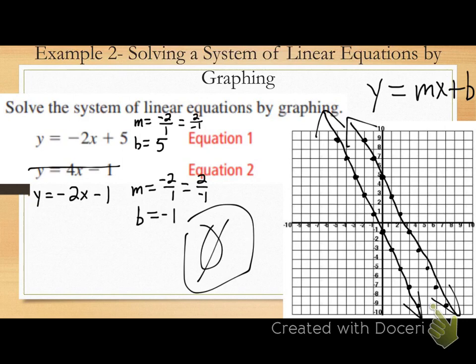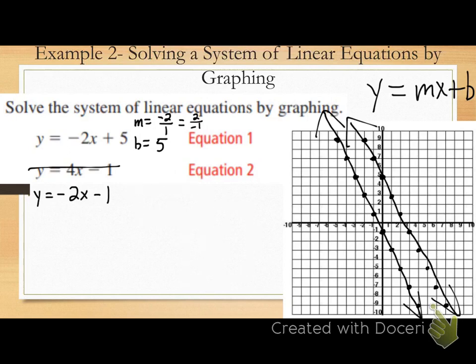Lastly, real quick, can I erase this? Let's say my equation 2 wasn't in slope-intercept form, but I got it in slope-intercept form, and it came out to be the same exact equation as equation 1.